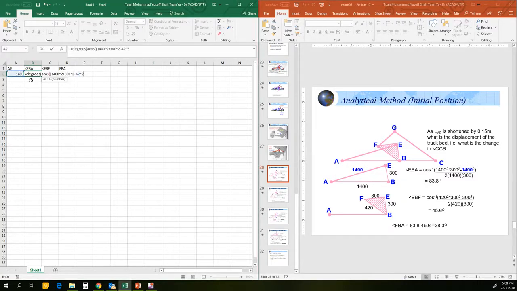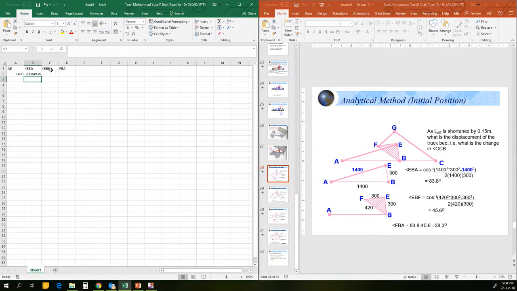Close bracket, divide by 2 times 1400 times 300, close, and we close again the bracket for our cos, and close again for the degrees. So we get 83.84, approximately 83.8 degrees.